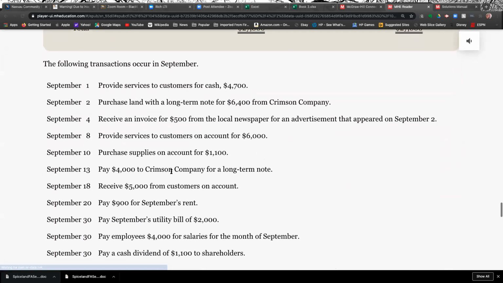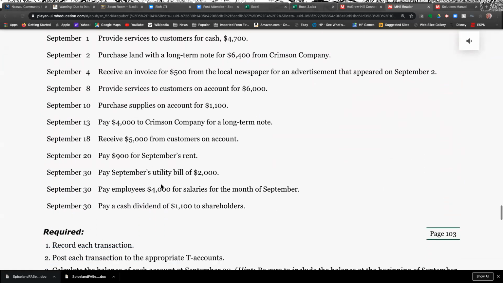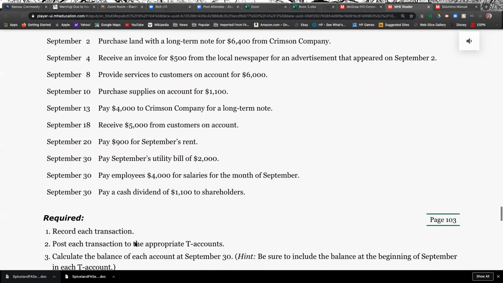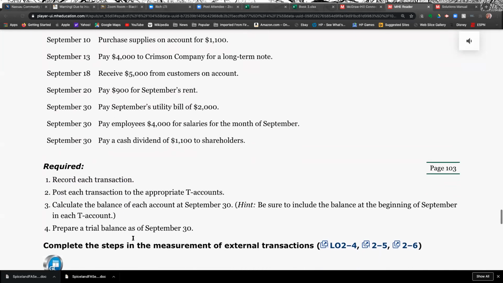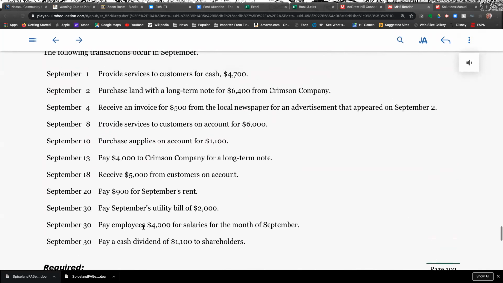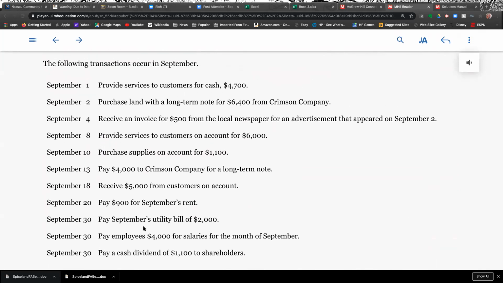Right? Now you can look at the transactions. Record them first in the journal, then put them in the accounts, calculate the balance in each account, and then prepare a trial balance.